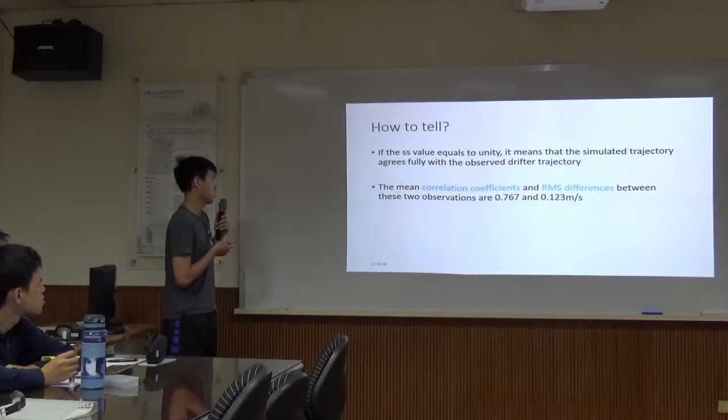And how do we tell if the SS value is equal to unity? It means that the simulated trajectory agrees fully with the observed trajectory. The mean correlation coefficient and the RMS between these two observations are 0.767 and 0.123 meters per second.